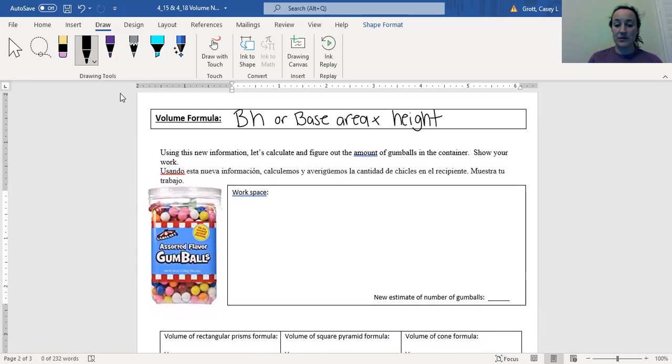So using this new information, we're going to calculate and figure out how many gumballs fit in the container. Okay, think back. So we said that this was 8. We said this went back 8. And we said this was 10.